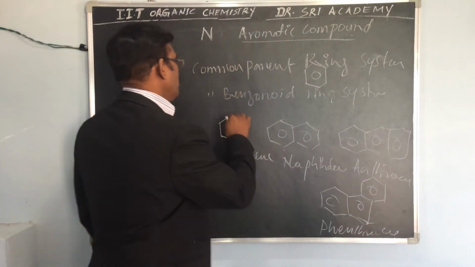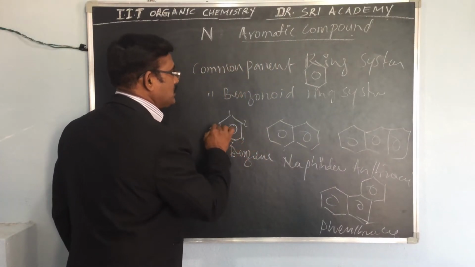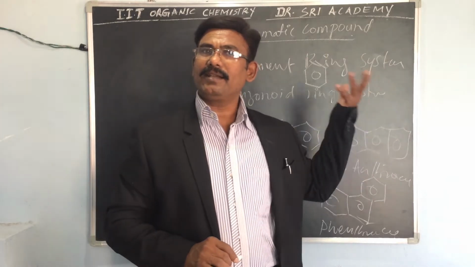So how do you give the numbering? For benzene, the ring numbering 1, 2, 3, 4, 5, 6 is common.